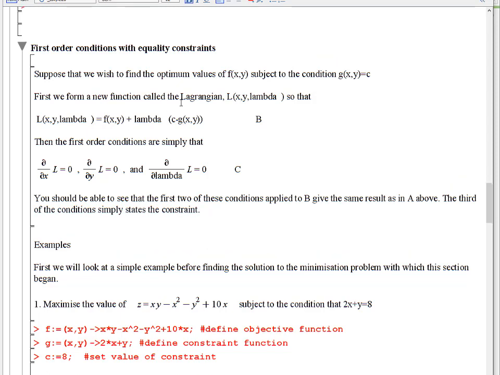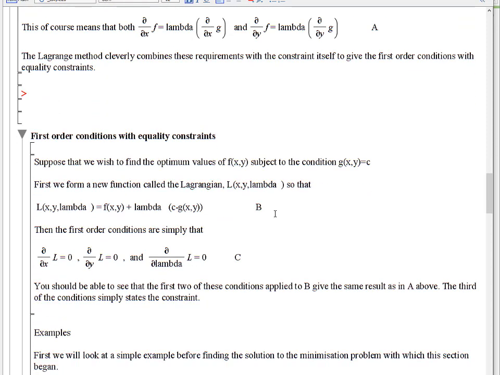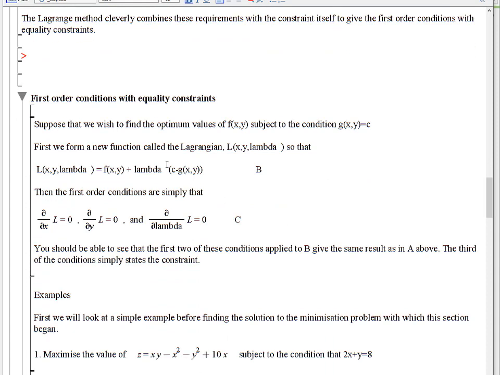In other words, that gives you this first condition. And then the next one, differentiate with respect to y, you get this condition straight away. And then when you differentiate with respect to lambda, you just get that c must equal g, which is the constraint. So it just very neatly summarizes those three conditions.